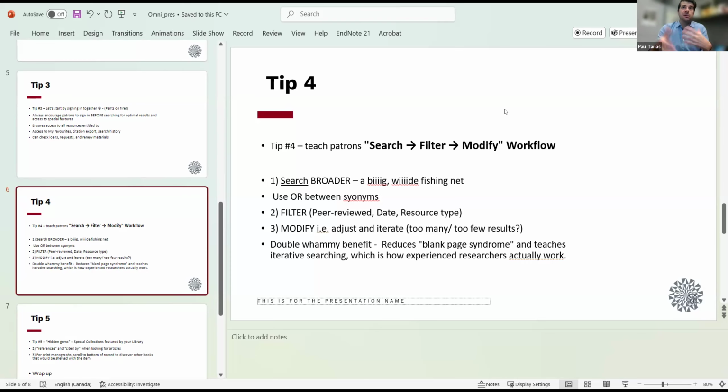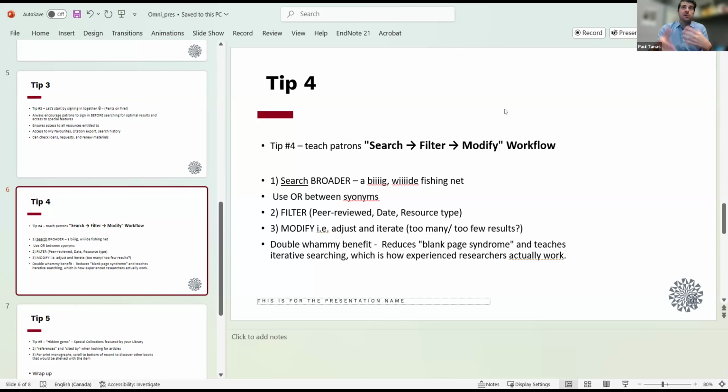Another thing that I want to share with you, I put here hidden gems of the library. I'm gonna show you the special collections that we have at the University of Ottawa right at the end, because I want you to have access to the slide.